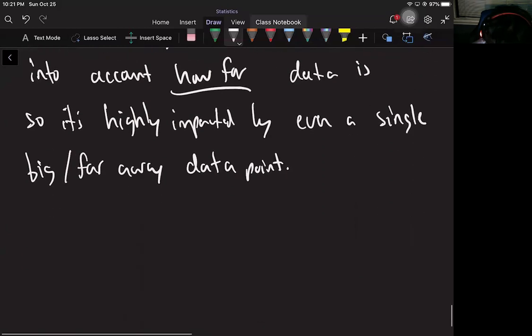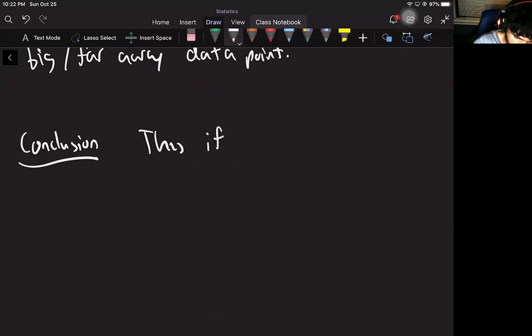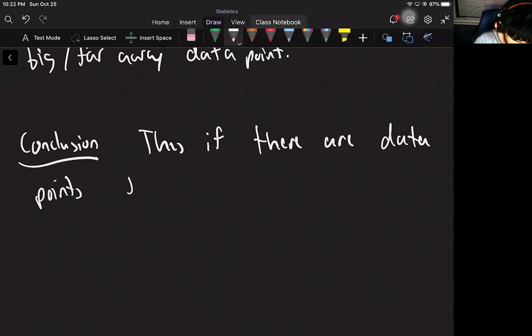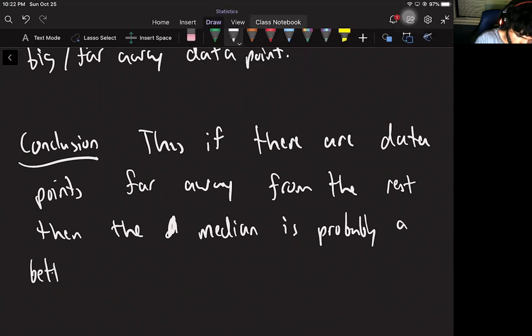so what else? To sort of conclude the point of these two things, if you have a bunch of data, and there are data points that are far away from the rest, then the median is probably a better representation of a typical data point.